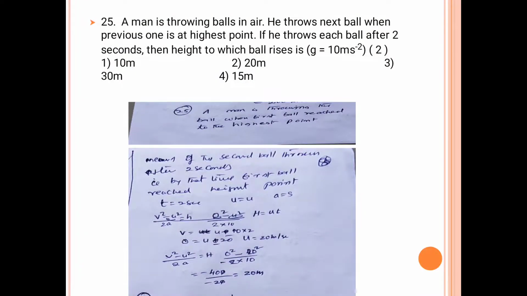Then using the formula v is equal to u plus at, you will get u is equal to 20 meters per second. Then you will use v square minus u square by 2a to find h, the maximum height, that is equal to 0 square minus 20 square by minus 2 into 10, then you will get 20 meters as the maximum height.